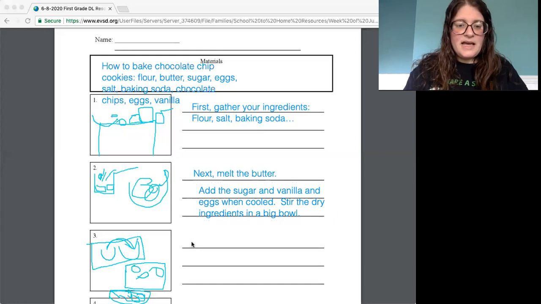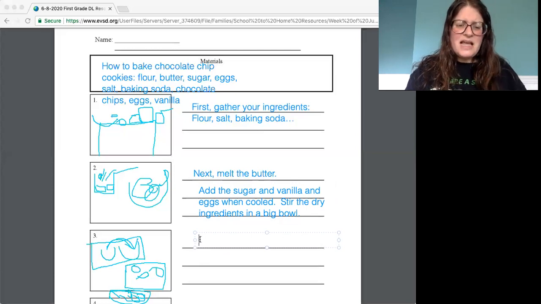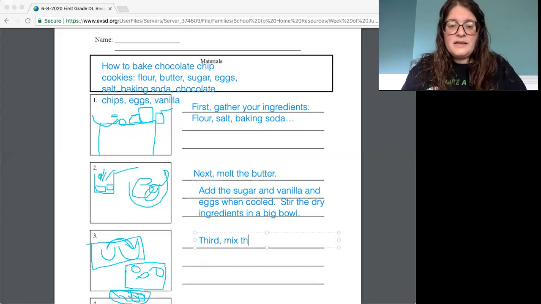And then here we have, this is why it's really important to draw, because then I can look back and say, what was I doing in that step? Oh yeah. You could say third, because this is our third step. Mix the wet and dry ingredients together.